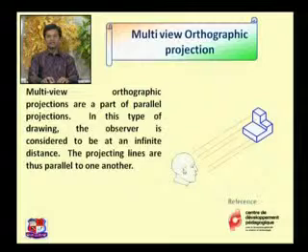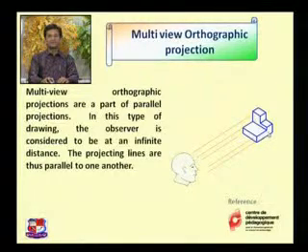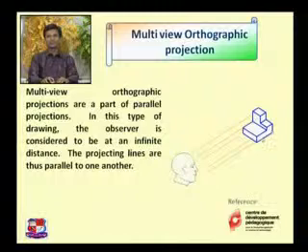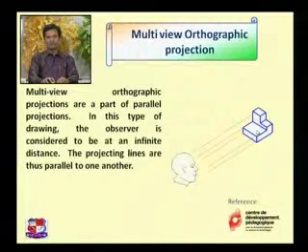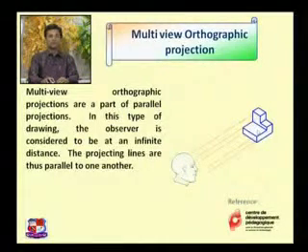hence we assume that this surface is not visible. Actually, when we see from this direction, some portion of this face as well as this face would be visible, and this face also would be visible, but we forget it because we are looking from infinite distance.